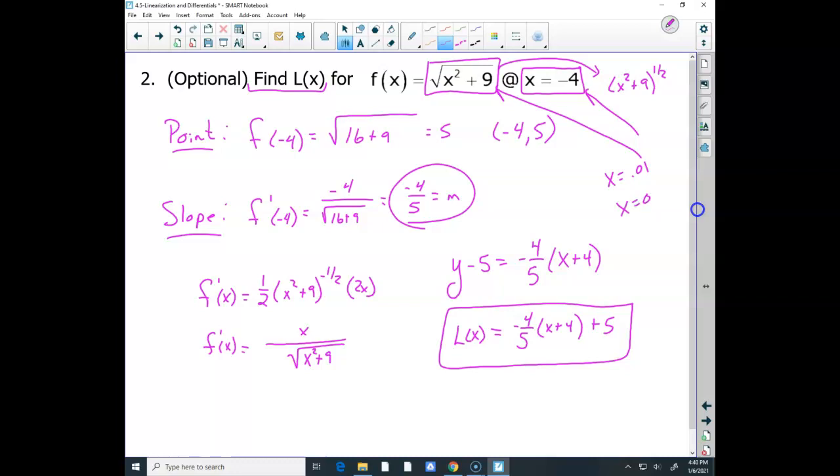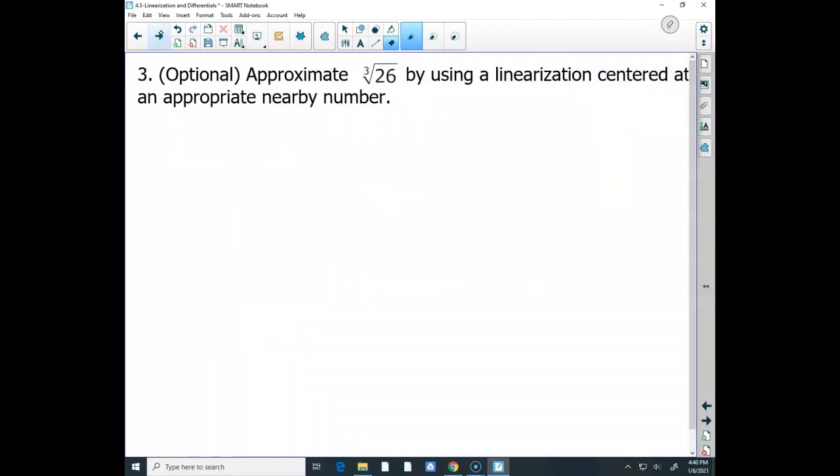I could find my slope at 0 and make an approximation. So that's all we're doing right now, and for the time being, they are telling us where to linearize the function. And I think I have one more here that is also not in your note pack.